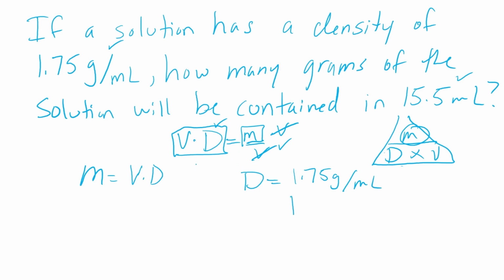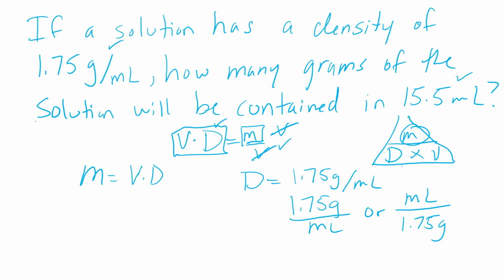You could use it as 1.75 grams over a milliliter, or a milliliter up on top and 1.75 grams on the bottom. Basically, conversion factors are just fractions. They could go one way, and then you could kind of inverse them or flip them around and put it in the other direction. So why would we want to do that?